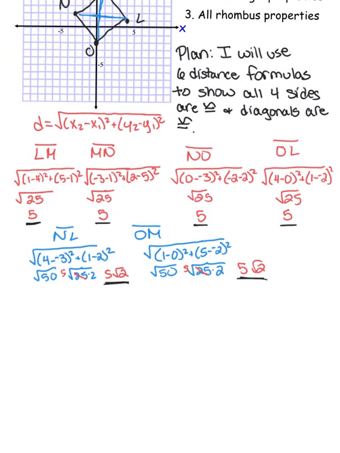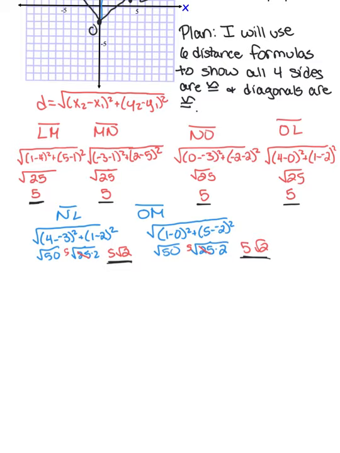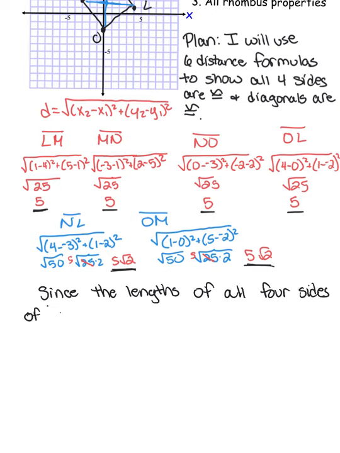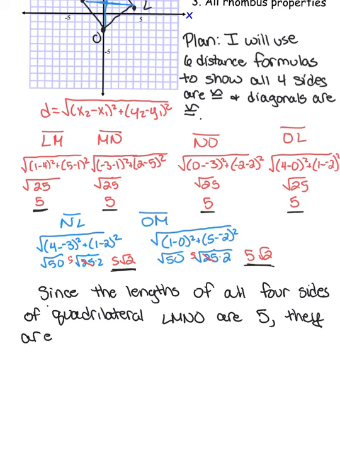Now I have to write a conclusion to explain to the person who's reading this what all of this math means. So what I'm going to write is: since the lengths of all 4 sides of quadrilateral LMNO are 5, they are congruent.